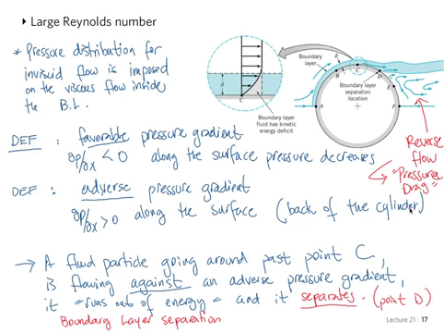And so this is the reason why there's always a large drag around bluff bodies, which you wouldn't encounter in an aerodynamic body. This is a source of a large force of drag.